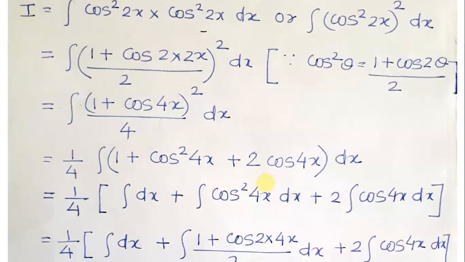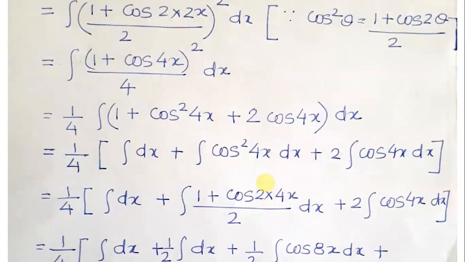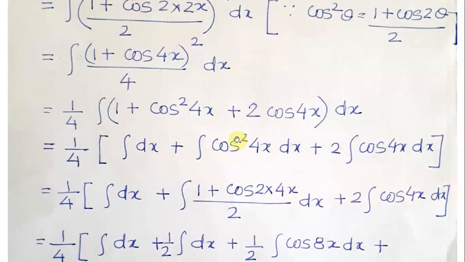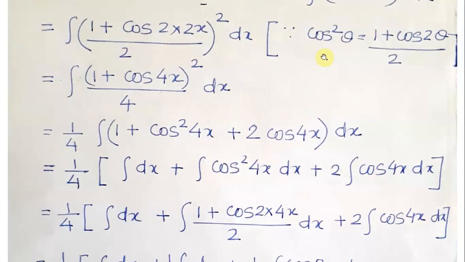Now again separate the three different integrations. So integration of dx is coming here, right? This will be cos square 4x is coming, and then 2 into the integration of cos 4x is coming. Now integration of dx we can find out, integration of cos 4x we can find out, but again here power 2 is coming. So student, here again you have to apply the same formula I applied in the beginning. Cos square theta is equal to 1 plus cos 2 theta upon 2.